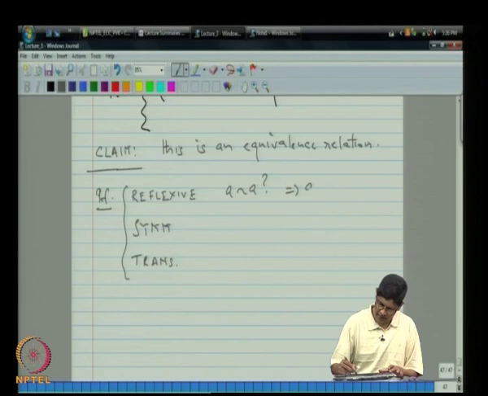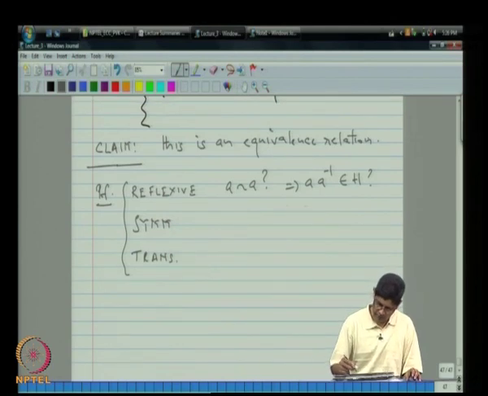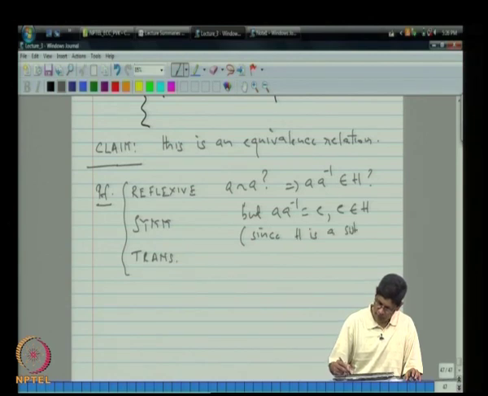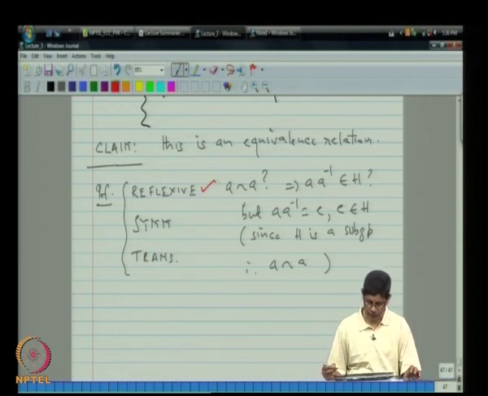That is the same as saying that A times A inverse belongs to H. But that is true because A times A inverse is equal to E, and E belongs to H since H is a subgroup. Therefore, A is equivalent to A. Okay. So, we have shown that the reflexive property is true.